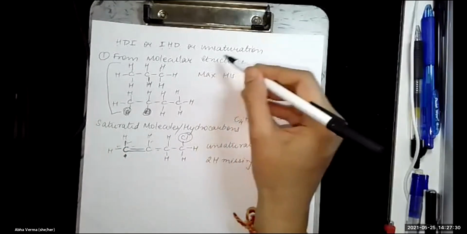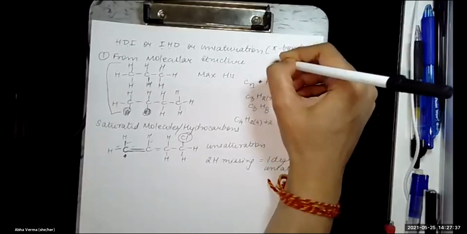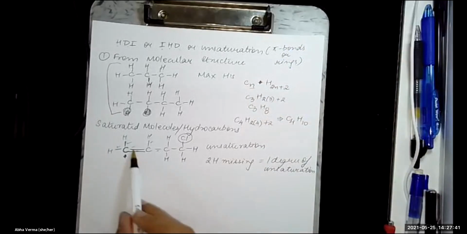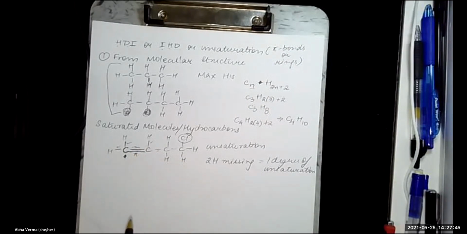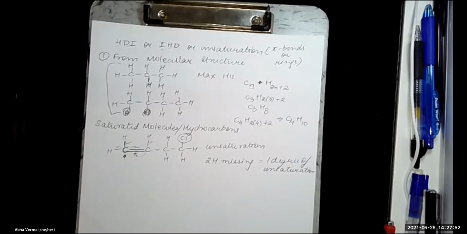So this is what the unsaturation will tell you: pi bonds or rings. How many pi bonds do you see? This is the sigma bond and this is your pi bond. And hence you have 1 degree of unsaturation.